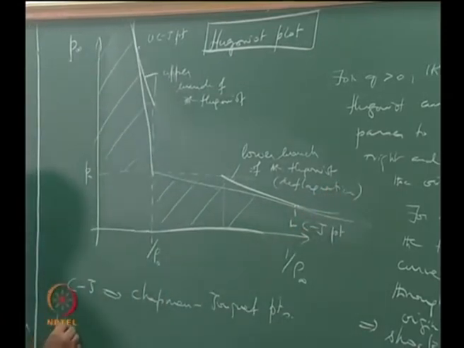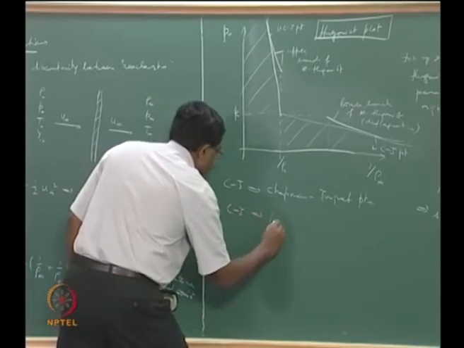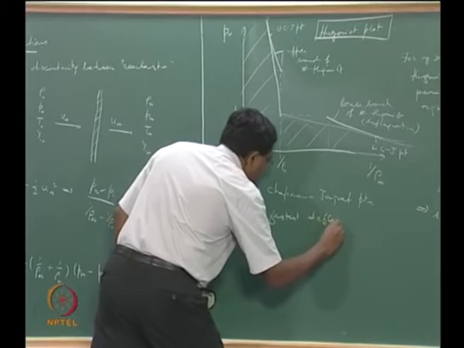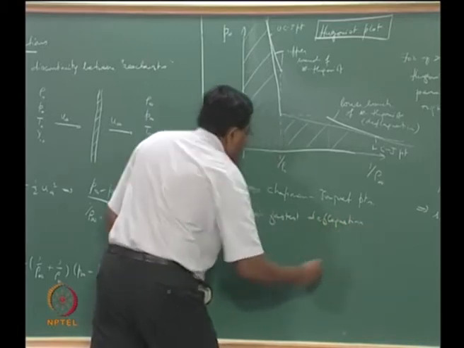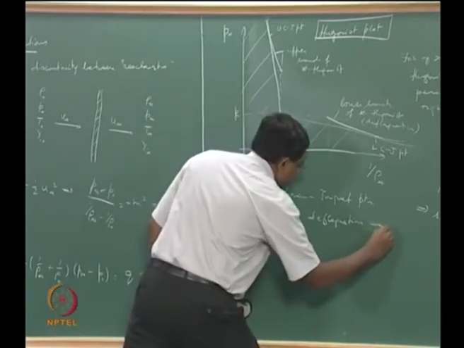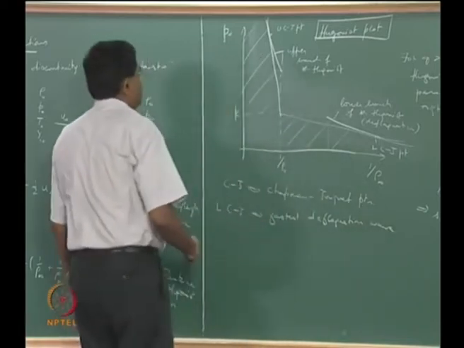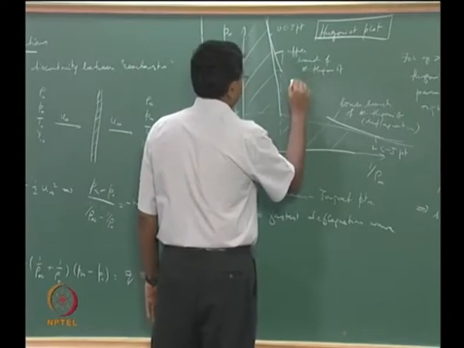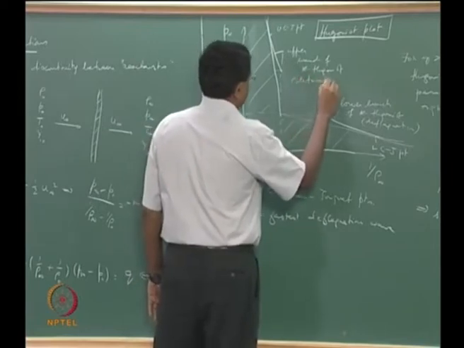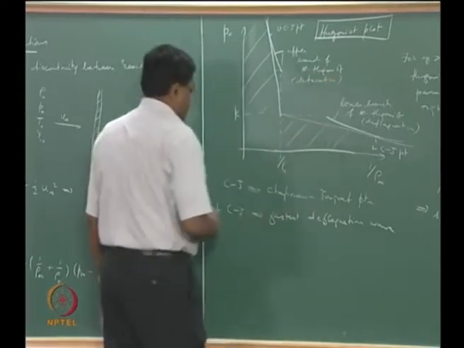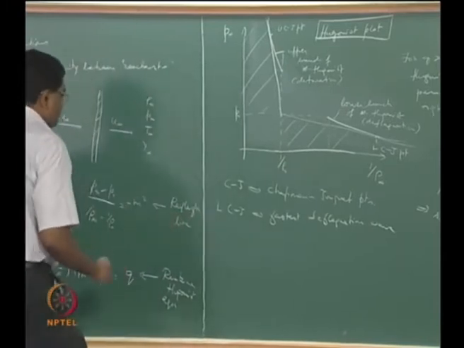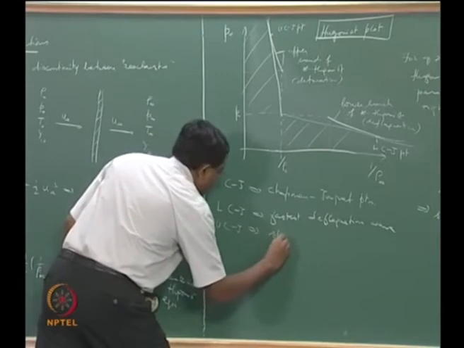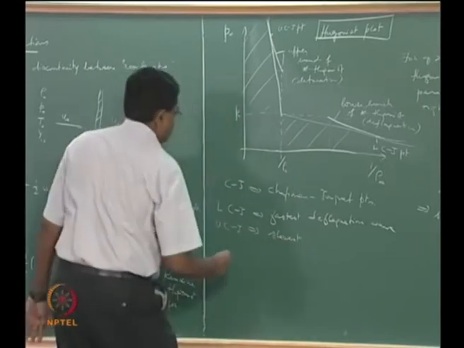So LCJ is the fastest deflagration wave, and the upper branch of the Hugoniot corresponds to what is called detonation, and UCJ corresponds to the slowest detonation wave.